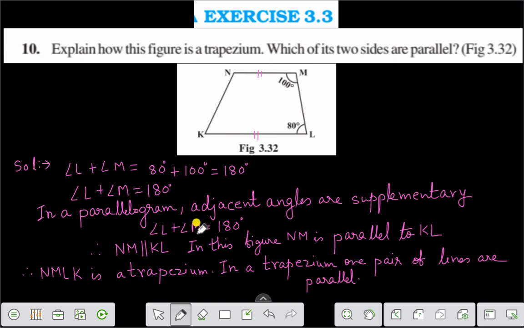And here you have shown that NM is parallel to KL.